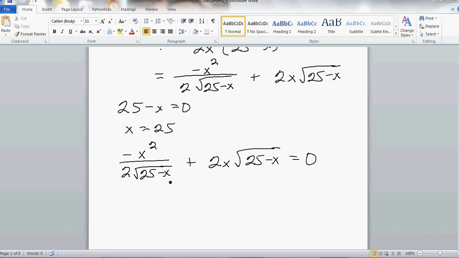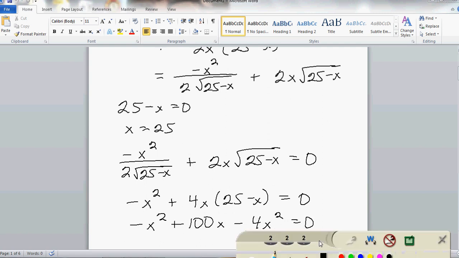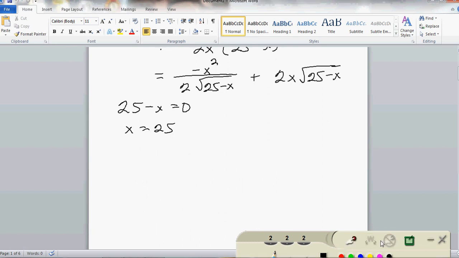Okay, first thing I'm going to do is get rid of this, so I'm going to multiply through everything by 2 square root of 25 minus x. So that will leave negative x squared here, and then multiplying this whole thing by 2 square root of 25 minus x becomes 4x times 25 minus x equals, and 0 times that, of course, is equal to 0. So we get negative x squared plus 100x minus 4x squared equals 0.